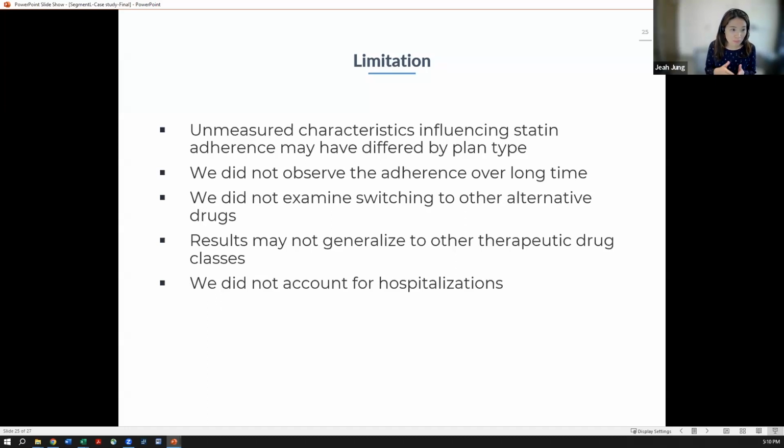The better way is, if you have A and B data, you get the days they are in hospital stays, and you probably want to subtract the number of hospital days from the denominator. So we might have underestimated MPR, the statin use, a little bit.